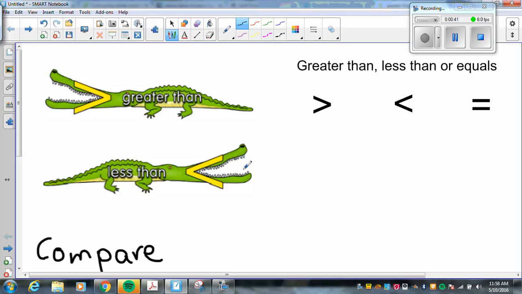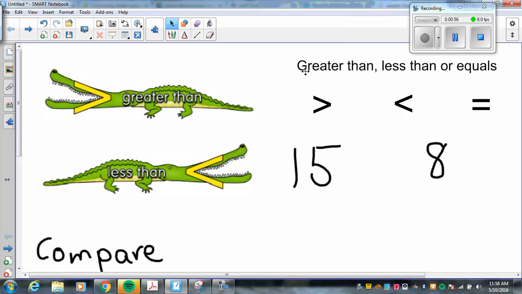So if I was to write down here, we're going to compare two numbers. We're going to compare the number 15 and we're going to compare the number 8. Now, if the crocodile wants to eat the biggest number, then the open part of the jaws, this part here, has to point towards or face towards the biggest number.